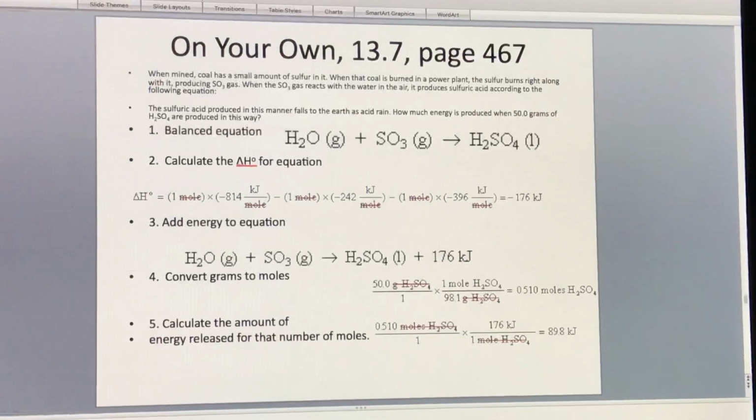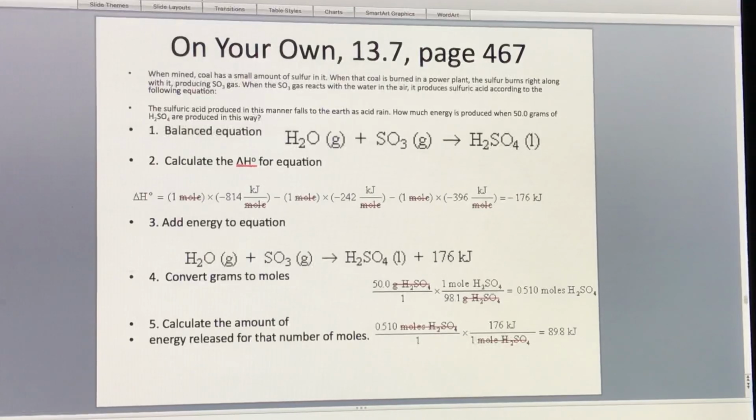All right, the next on your own is the same process. We're going to work with a balanced equation, calculate the delta H for the equation, add energy to the equation, convert grams to moles, and then calculate the amount of energy released for that specific number of moles. So it says, when mined, coal has a small amount of sulfur in it.